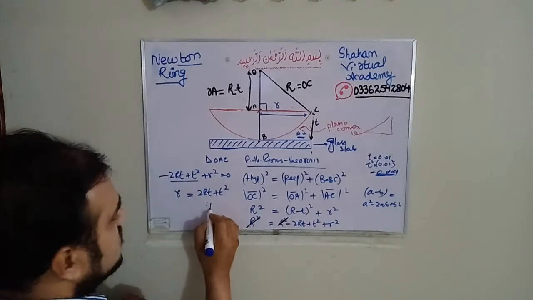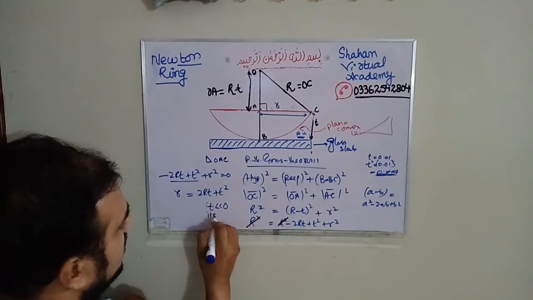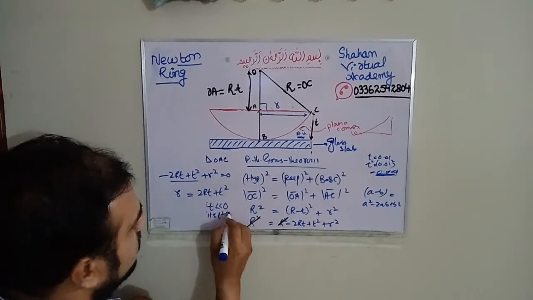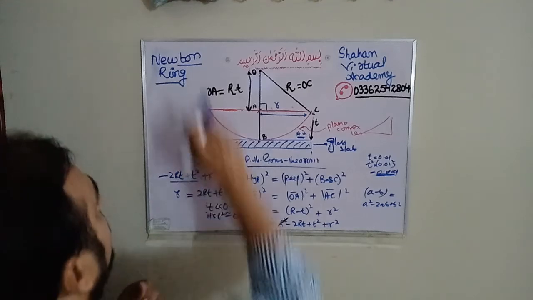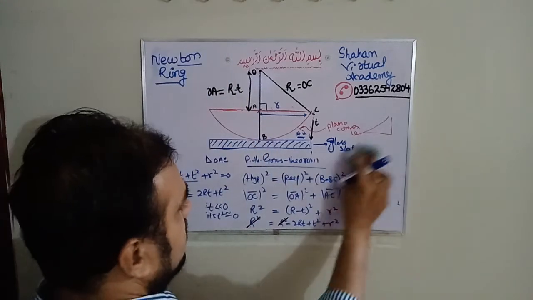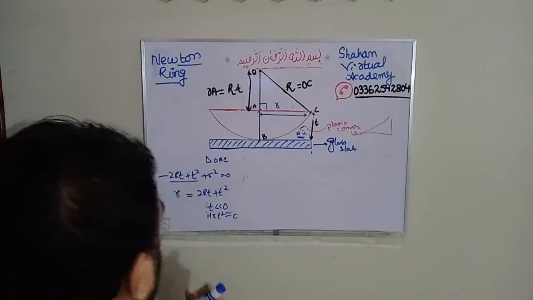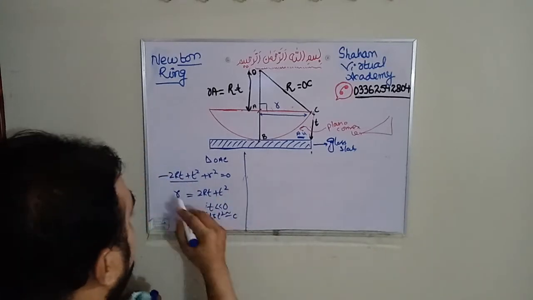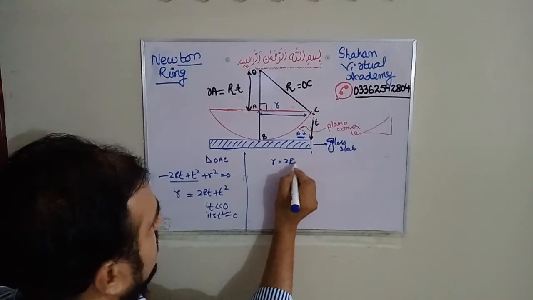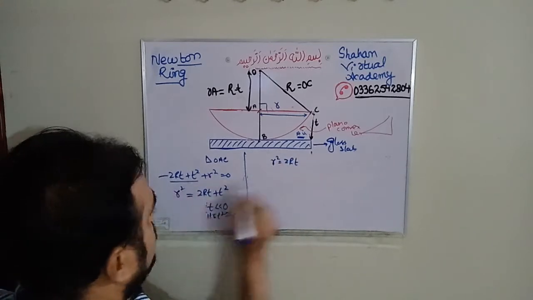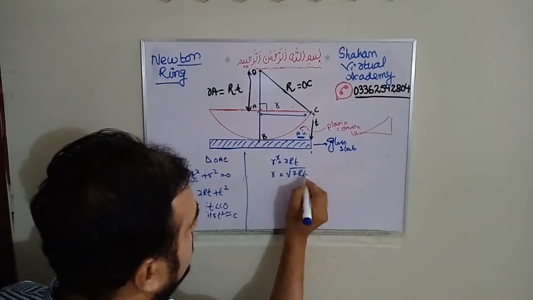Since t is so small, the t square value is almost 0, so we neglect it. So it becomes 2rt; we just remove the square term, so it becomes 2r and t.